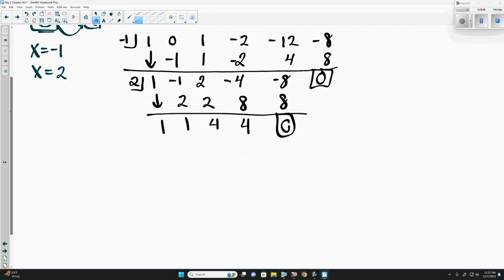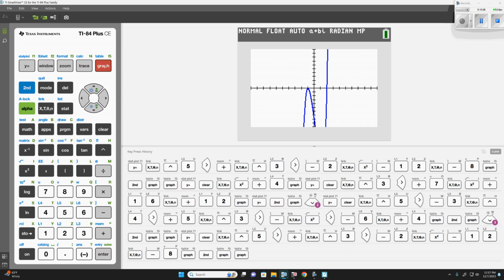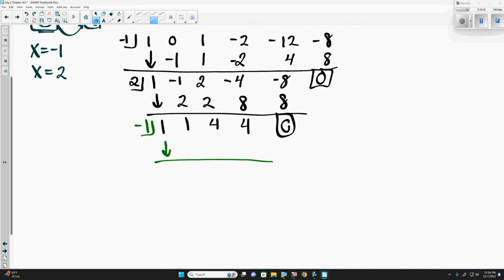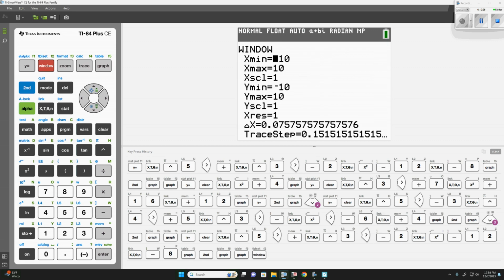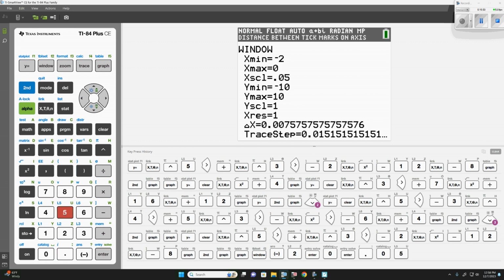Now we do need to find another 0. Looking back at the graph, at -1, it touched the x-axis but didn't cross it. So there's a good chance that that point is going to be repeated, so we're going to try -1 again. We can zoom in a little bit more, between -2 and 0, and go by 0.05.